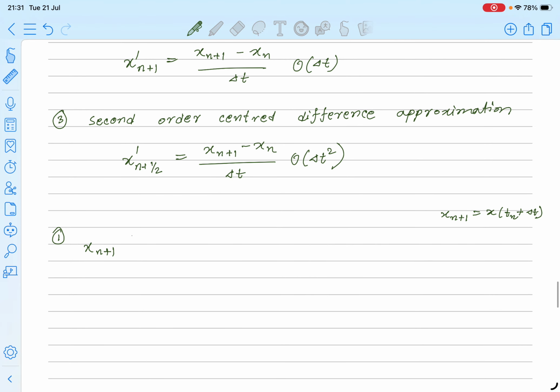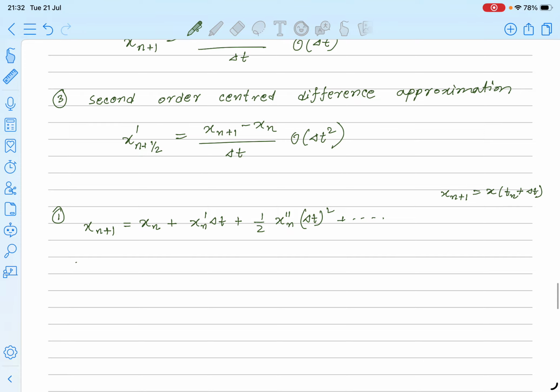So this is x_n plus x_n' delta t plus half x_n'' delta t squared plus dot dot dot. From there we will consider terms up to delta t. Using this we can write x_n' equals (x_{n+1} minus x_n) by delta t.